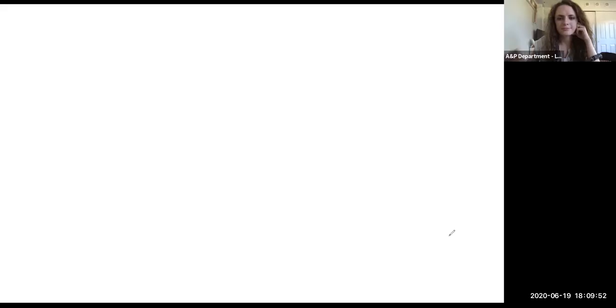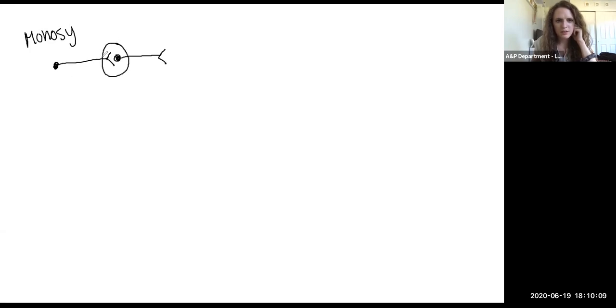Monosynaptic reflexes. So going back to my whiteboard. Monosynaptic reflex versus polysynaptic reflex. Monosynaptic: you have one neuron that synapses on one neuron. Here's your synapse where that presynaptic neuron and that postsynaptic neuron come together. You only have one synapse.